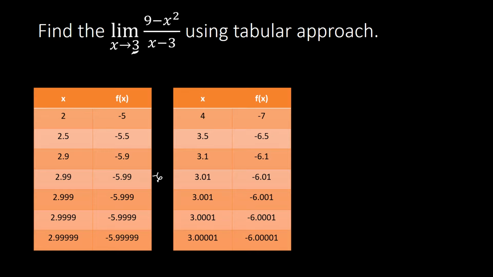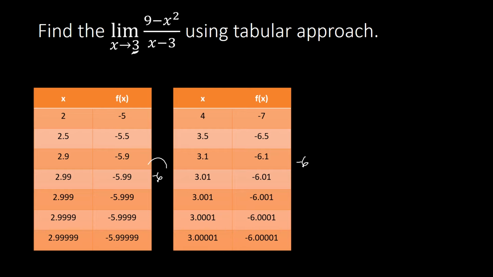And if you look at the numbers from the right side of 3, as x moves closer to the number 3, f of x also moves closer to a particular value, which is negative 6.